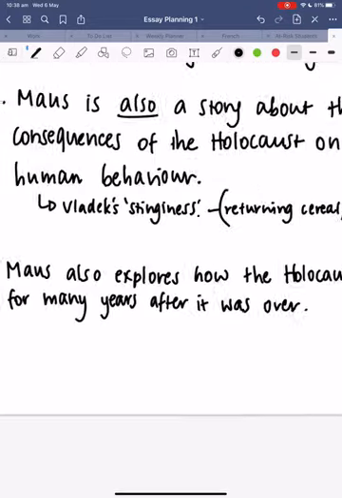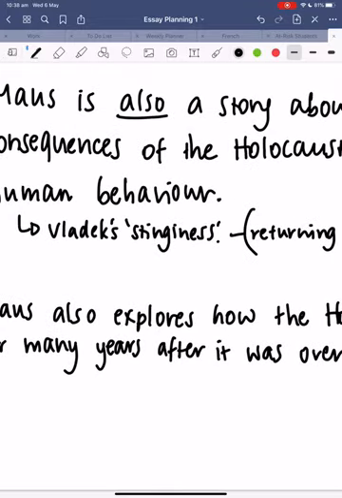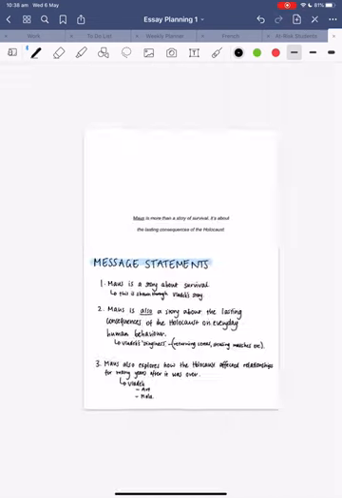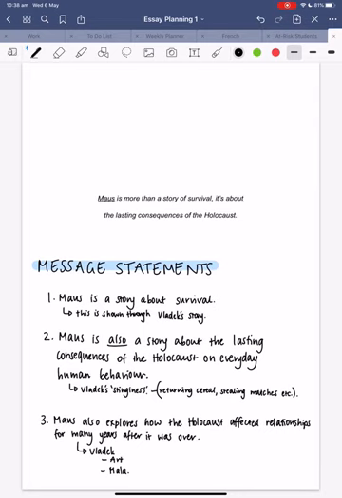All right, and what are the relationships that I think have been affected? Well, I'm going to be looking again at Vladek and his relationships with Art and Mala. Okay, so here you can see how we have unpacked the question and turned the ideas in this question into a contention.